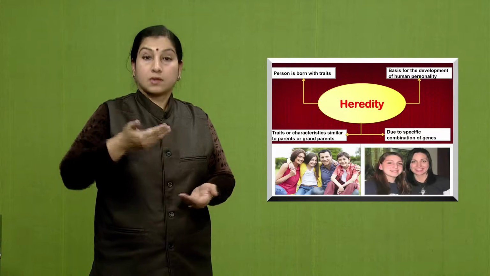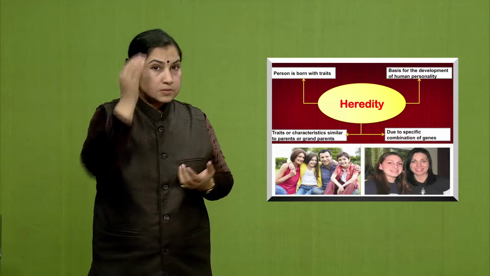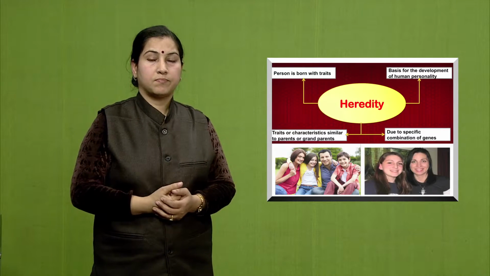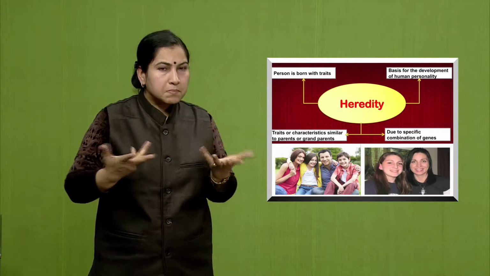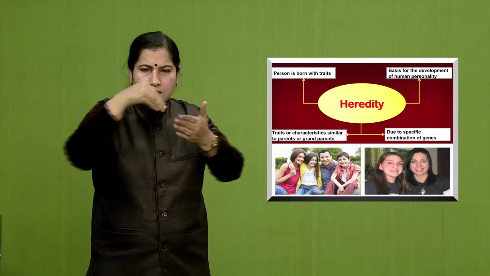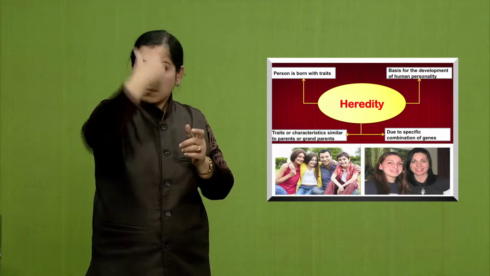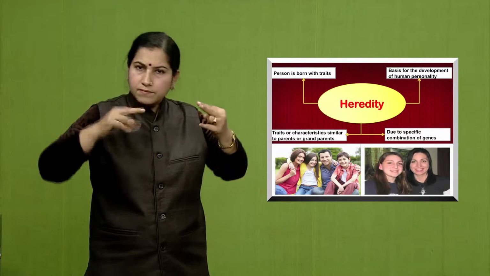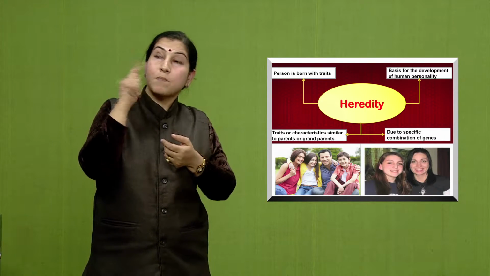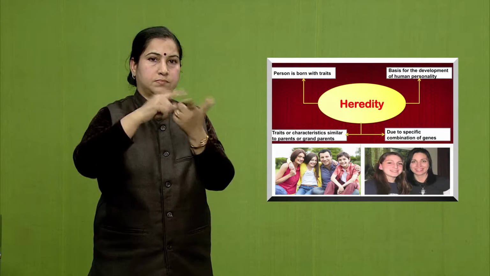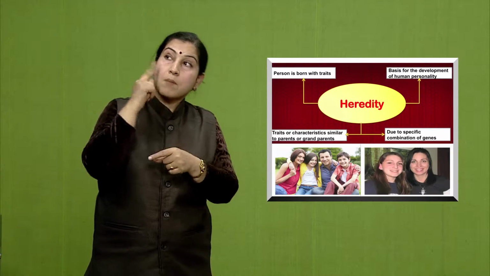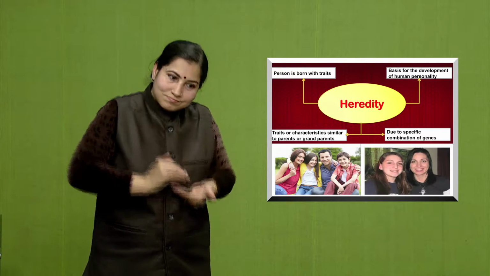Let us now understand the concept of heredity and environment. Heredity is a biological process of transmission of certain traits of behavior of the parents to their children by means of the fertilized egg.